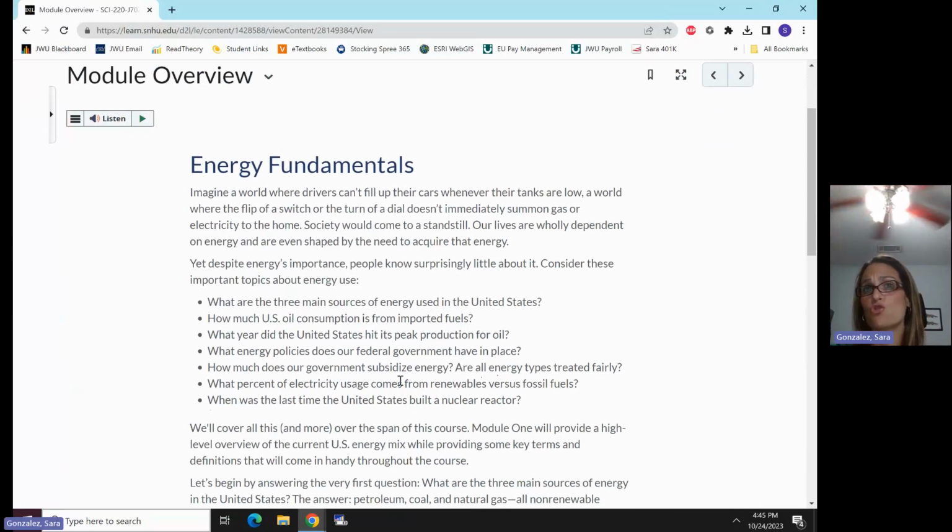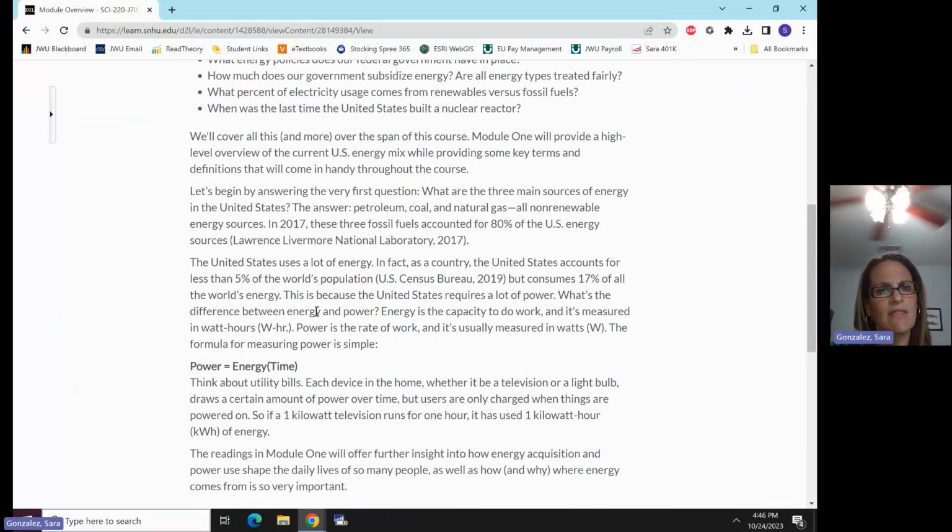And are all energy types treated fairly? Because they really aren't. What percent of electricity comes from renewable versus fossil fuels? We want to eventually have more renewable than fossil fuels, so what is that percentage here? Think about this. There are also a couple of simple equations here looking at how we calculate power, especially looking at your utility bills.